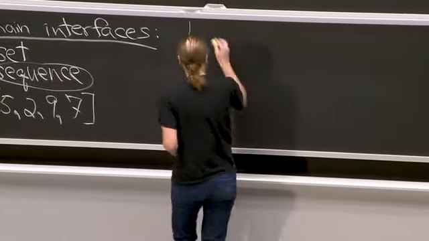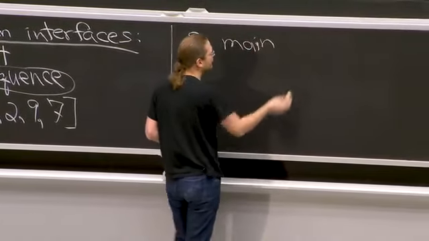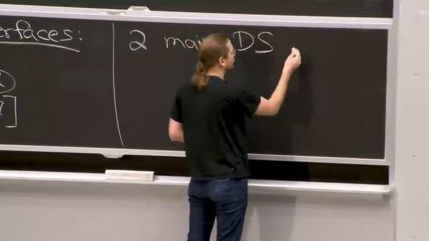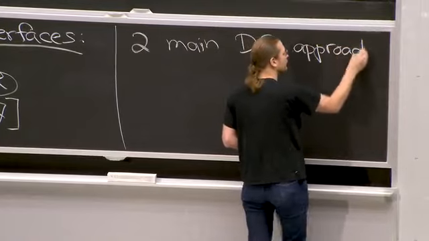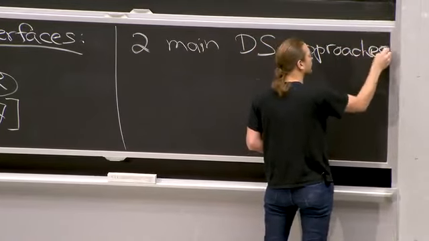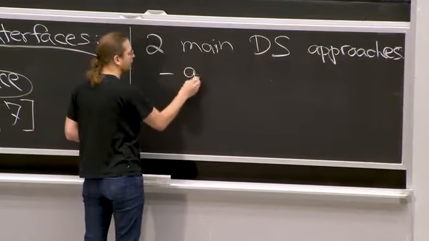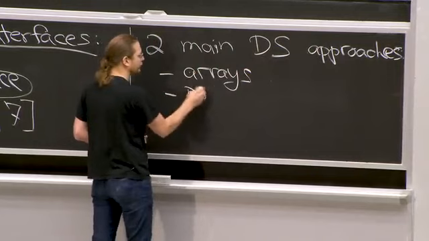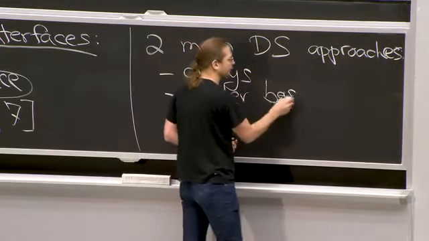On the other hand, we're going to have two main, let's call them data structure tools or approaches. One is arrays, and the other is pointers, pointer-based or linked data structures.